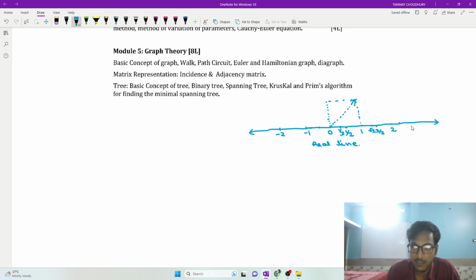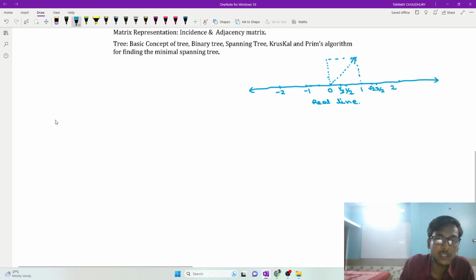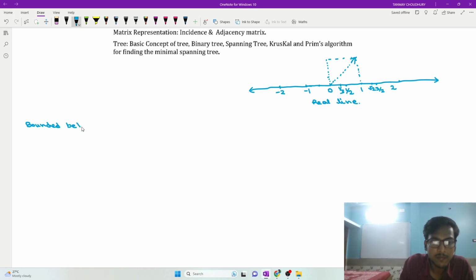So now, before going into the definition of a sequence, we need a few more definitions, namely boundedness. So what is a bounded below subset of R? By R we are denoting all the numbers on the real line, which we call real numbers.